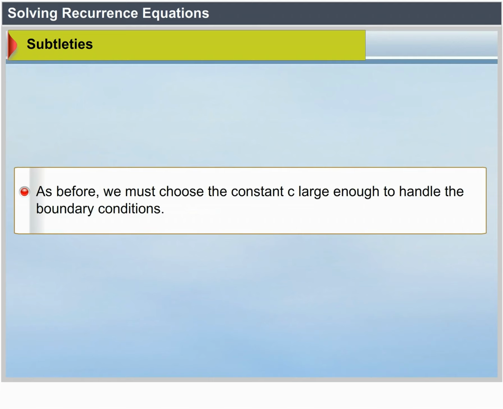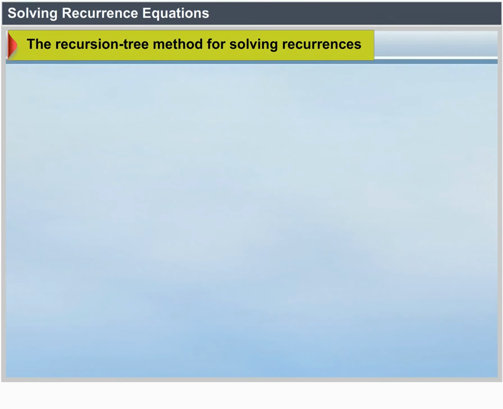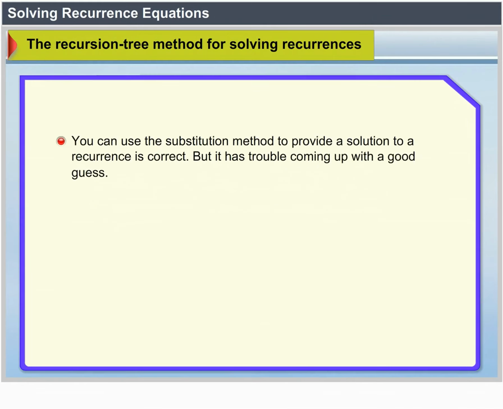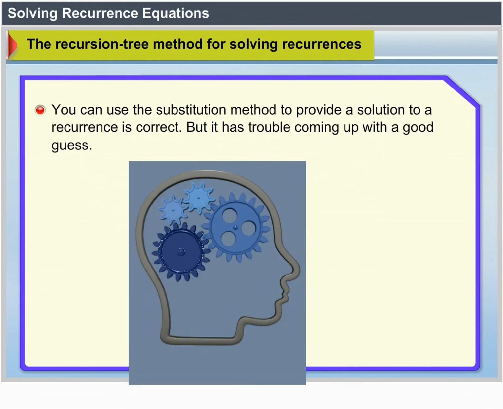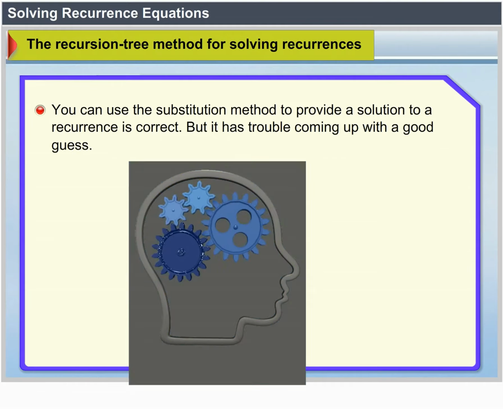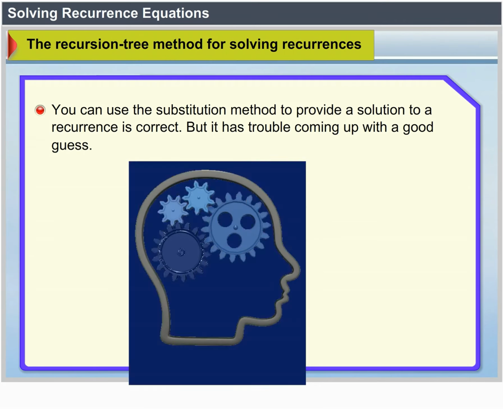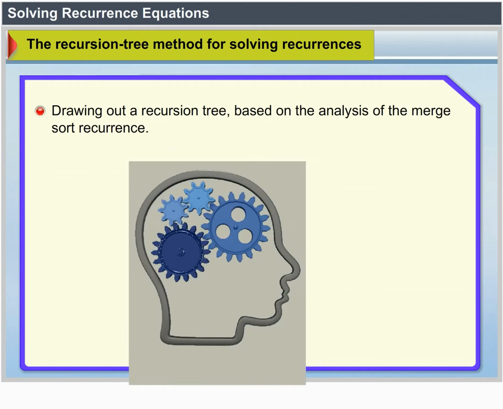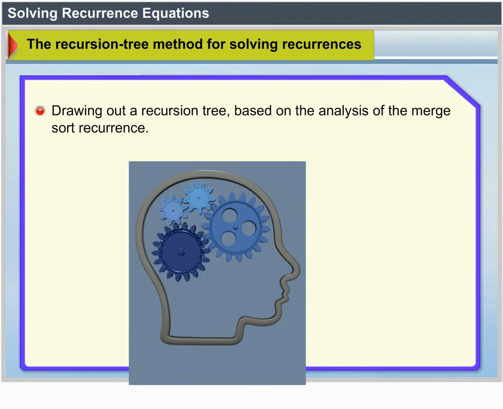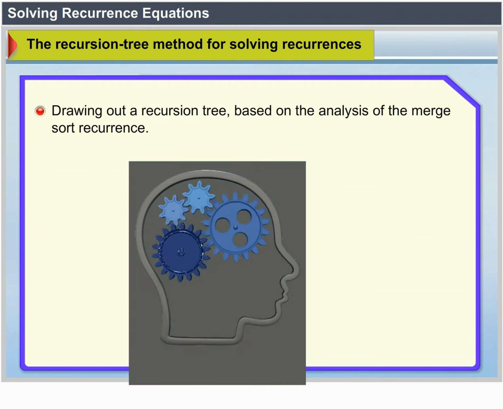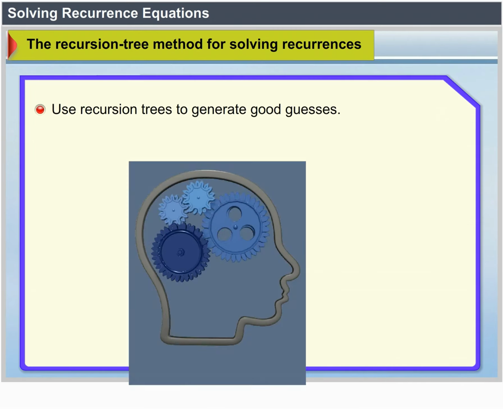The recursion tree method for solving recurrences. You can use the substitution method to prove a solution to a recurrence is correct, but it has trouble coming up with a good guess. Drawing out a recursion tree, based on the analysis of the merge sort recurrence, helps here. Use recursion trees to generate good guesses.